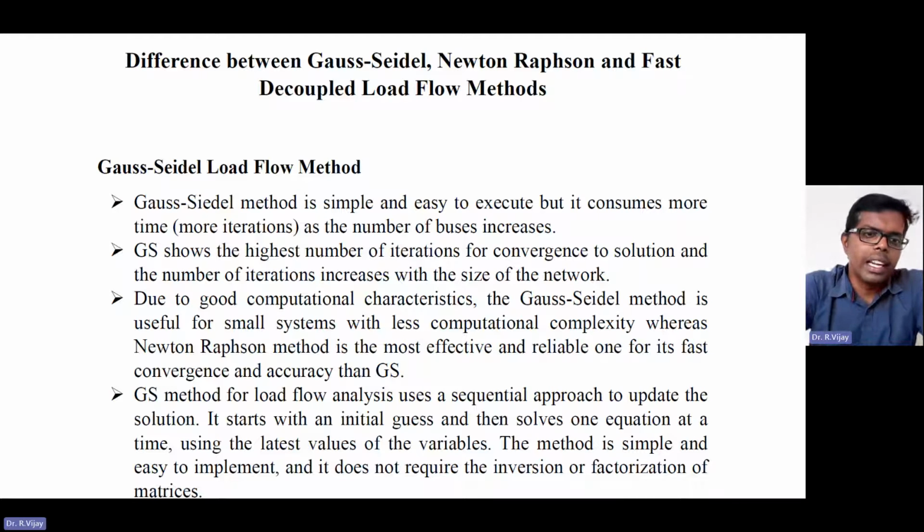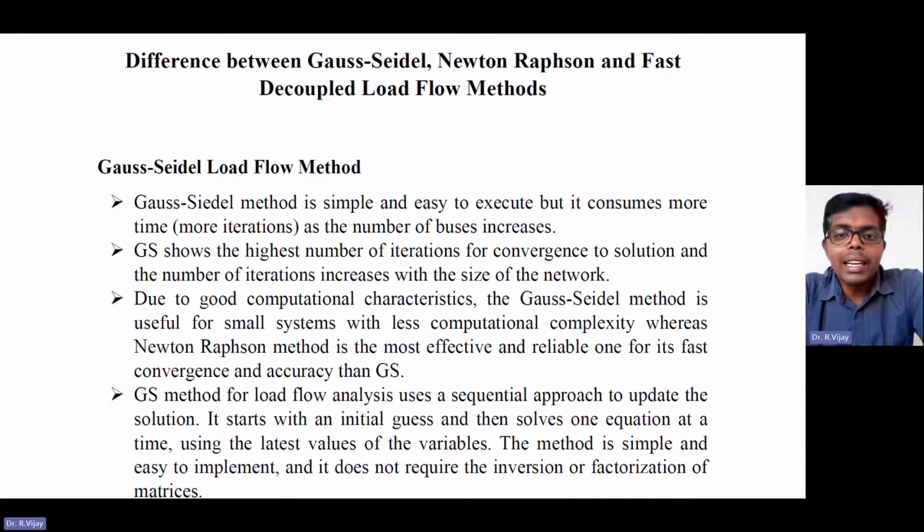Next, due to good computational characteristics, the Gauss-Seidel method is useful for small systems with less computational complexity. If your problem is very small, then you can easily choose the Gauss-Seidel method.